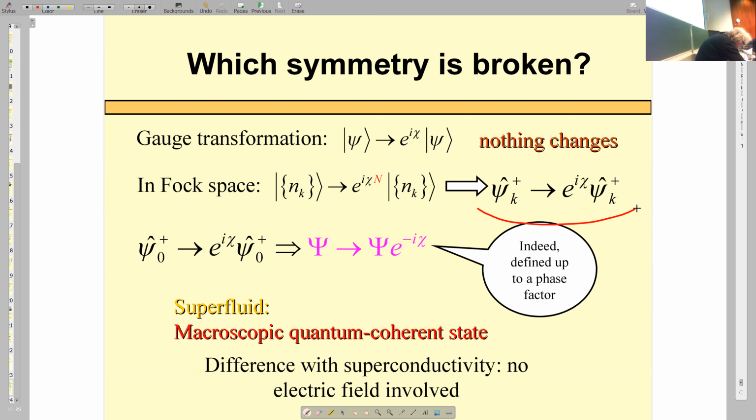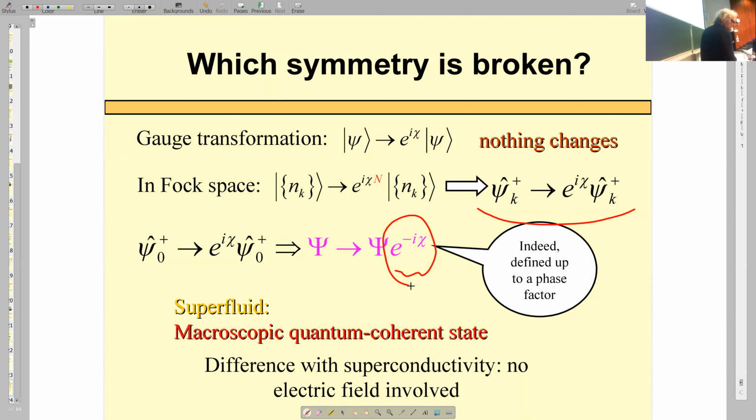All averages are not invariant with respect to gauge transform. That's why superfluid is also an example of a microscopically coherent quantum state. This quantum phase characterizes a piece of superfluid. And gradients of this phase will result in non-dissipative currents, superfluid currents.